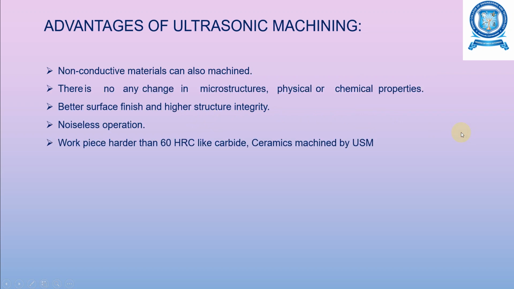And advantages of ultrasonic machining: non-conductive materials can be machined, and there's no change in microstructures, physical or chemical properties, and surface finish is better, and higher structural integrity is there, and the operation is noiseless. So workpieces harder than 60 HRC like carbide ceramics can be machined by this ultrasonic machining.